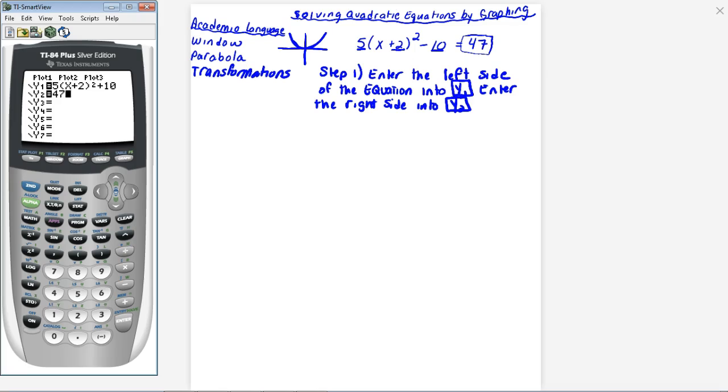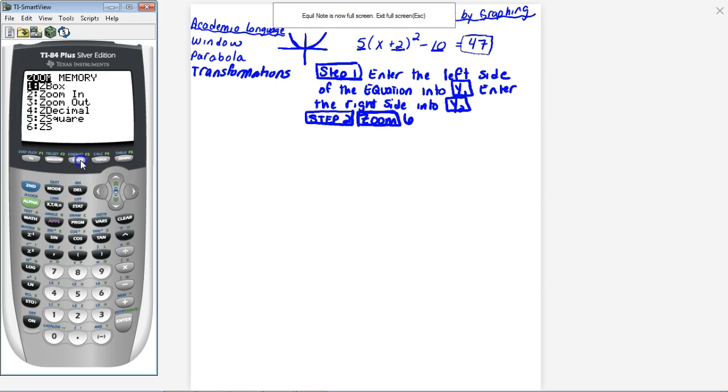Okay, so step 2 is zoom 6 to get to the graph, right? But we're going to maybe add something onto that step 2 because take a look.